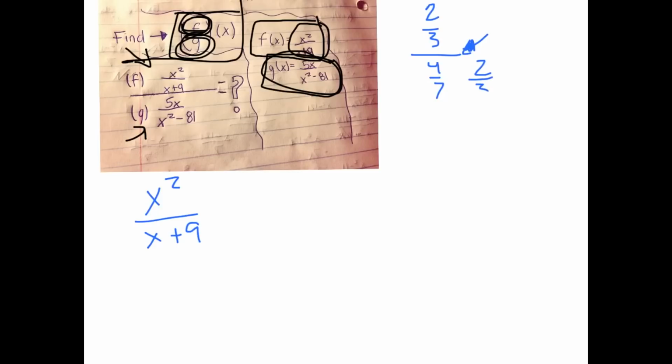So it'd be 2 over 3 times 4 over 7, but there has to be some sort of trade-off for switching to a multiplication. You can't just change a division into a multiplication without any ramifications.